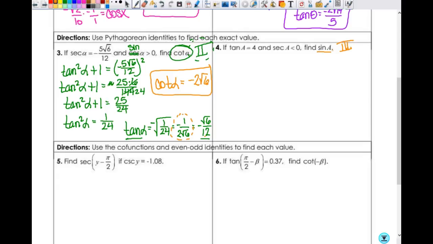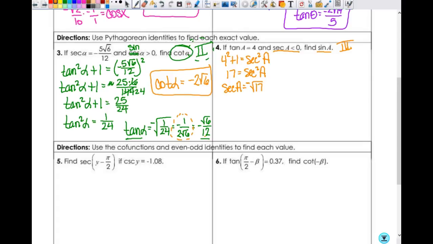So it's going to take me a couple of steps here. I'm going to use the same one I used over here, which is tangent squared. So 4 squared plus 1 equals secant squared A. So 4 squared is 16 plus 1 gives me 17 equals secant squared A. And so secant A is equal to the square root of 17, but remember it's plus or minus, and it's telling me right here secant is negative, so that is a negative square root of 17.